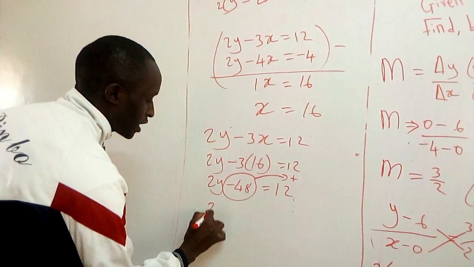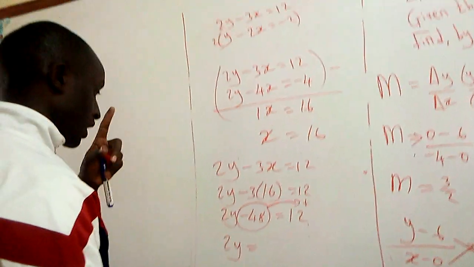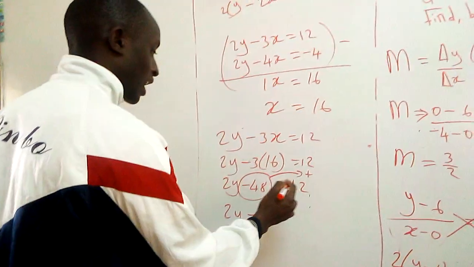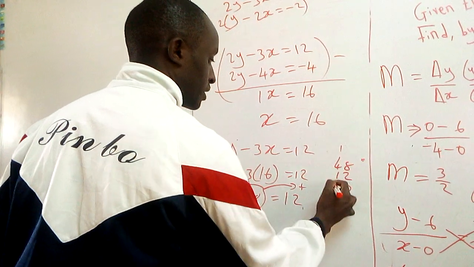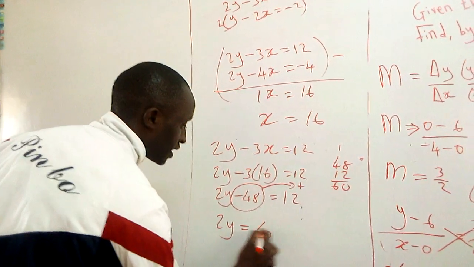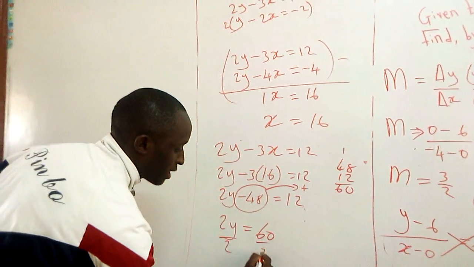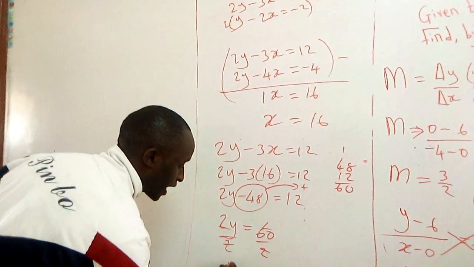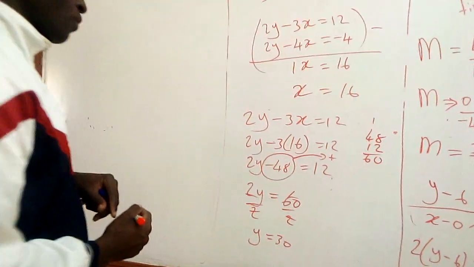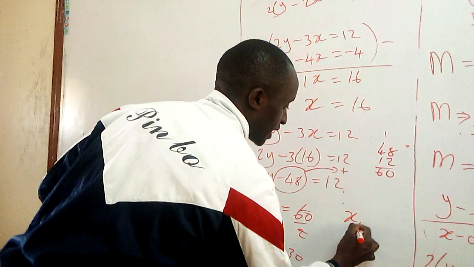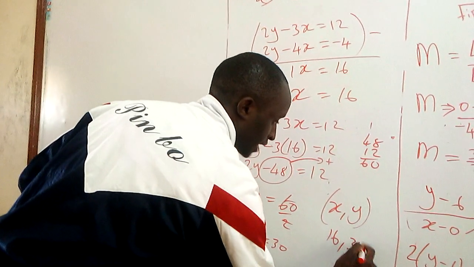Therefore, 2y is equal to 48 plus 12, which gives me 60. Therefore, I divide by 2, and I get the value of y equal to 30. Therefore, the value of x and y is 16 and 30.